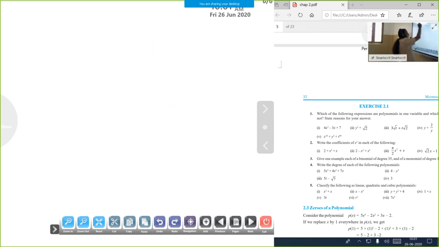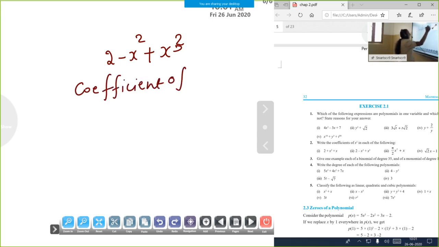One more question. What is the coefficient of x square? What is the number together with that variable? You take this expression, first term, second term, third term. In that second term, what is the coefficient of x square?